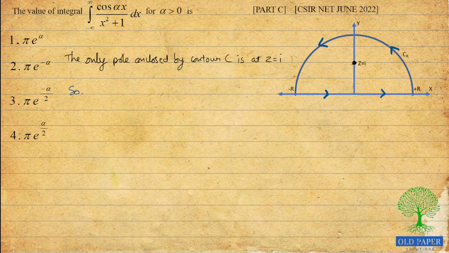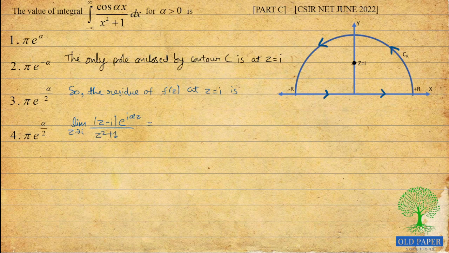So the residue of f of z at z is equal to i is calculated as limit as z tends to i, z minus i into e to the power i alpha z upon z square plus 1.